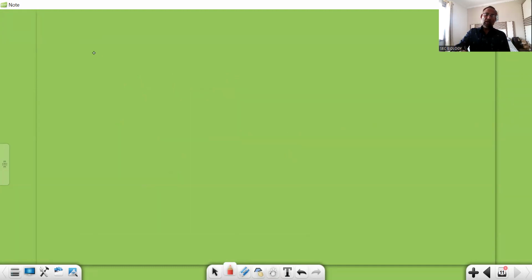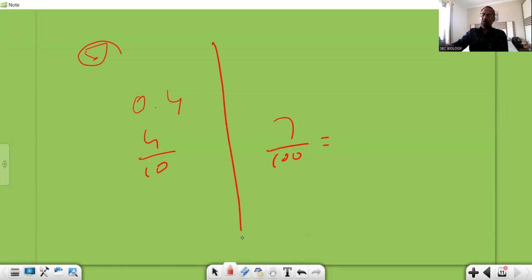Till now we studied how to change decimal into fraction and fraction into decimal, like 4 by 10. Now look here: 7 by 100. A fraction is given; how can we change it into decimal?